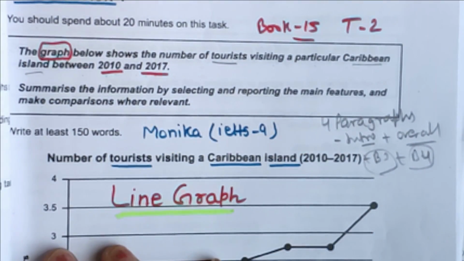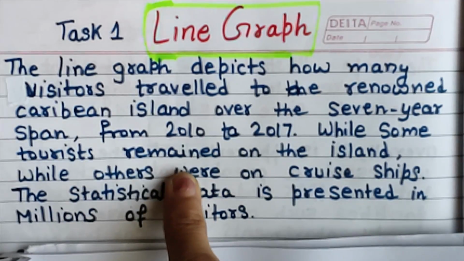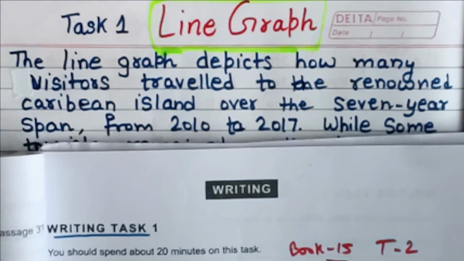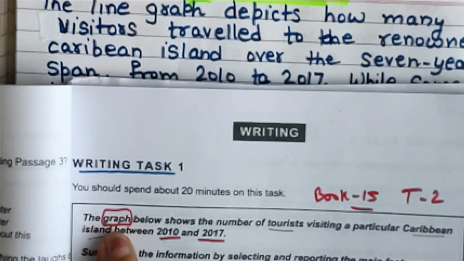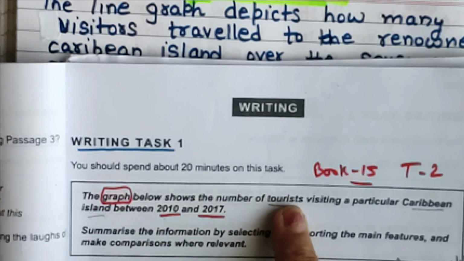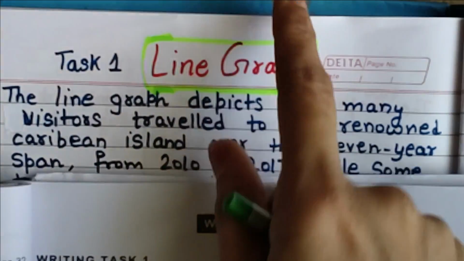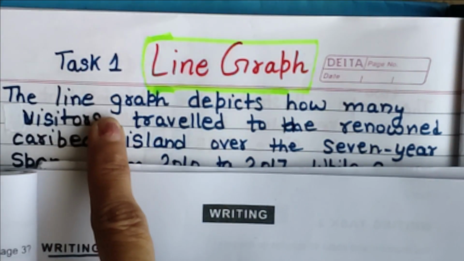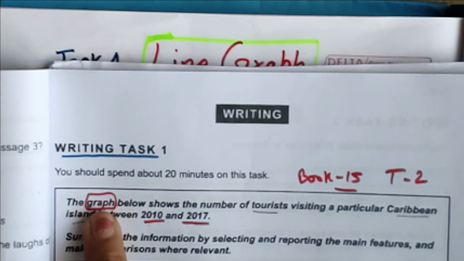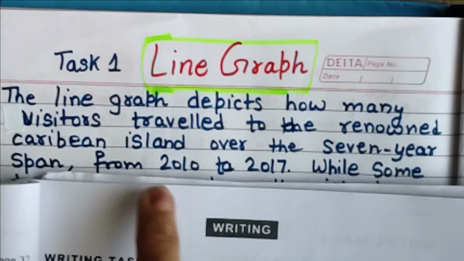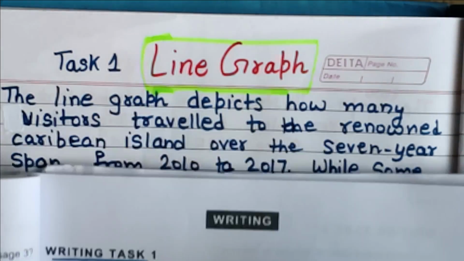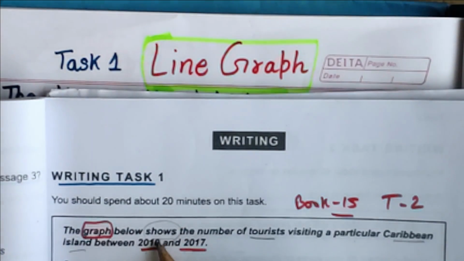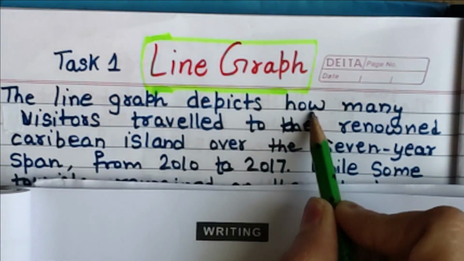Now let's see the introduction, how I have written the introduction. You can see it. We will read the question statement first, then I will show. The graph below shows the number of tourists. So what I have written: the line graph, because they have not given the type of the graph, we will write the line graph depicts, instead of shows I have changed the vocabulary, depicts how many.